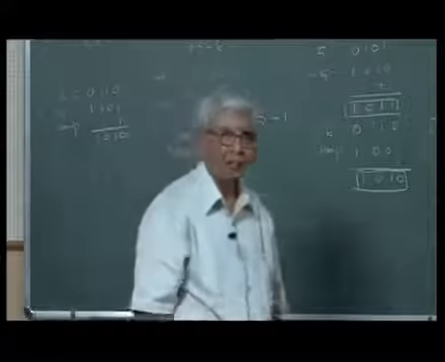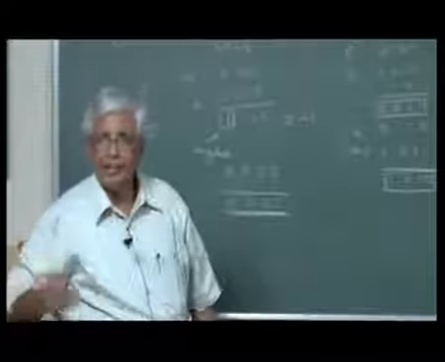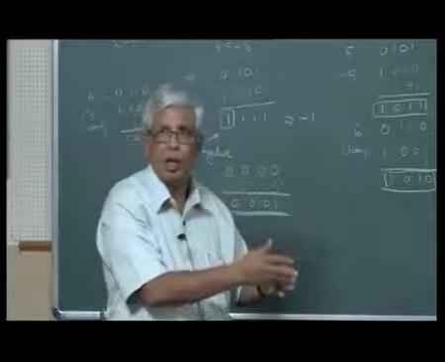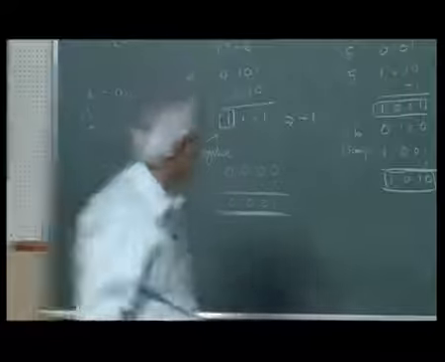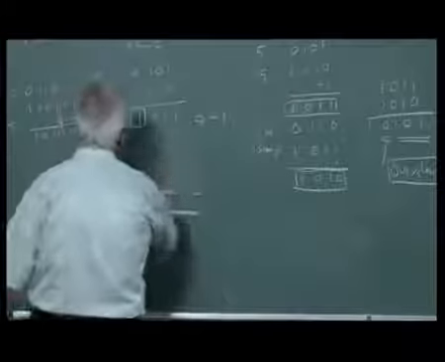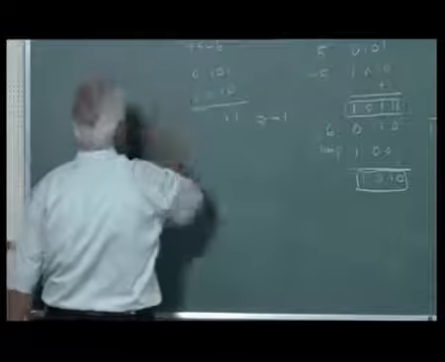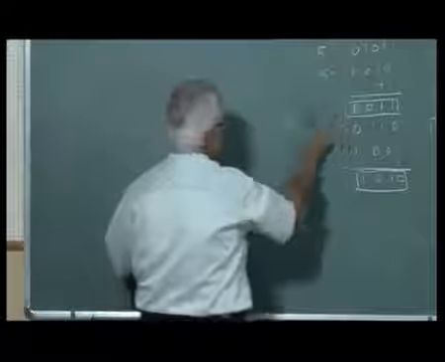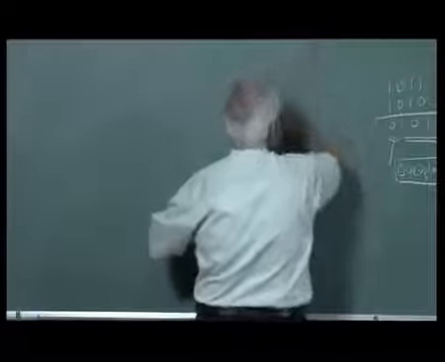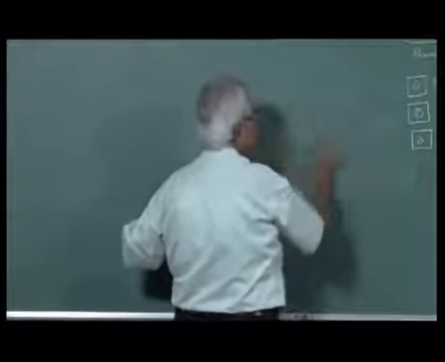I will tell you how to do that. It's called end around carry. That carry which is discarded in 2's complement, we have to bring it back and add it. That's all. I will show it to you. Now why I did not do it is, generally we use only 2's complement.